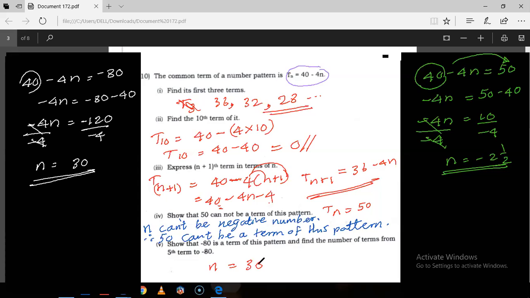The number of terms is also 30, the 30th one. Okay, write down this. N equals 30.